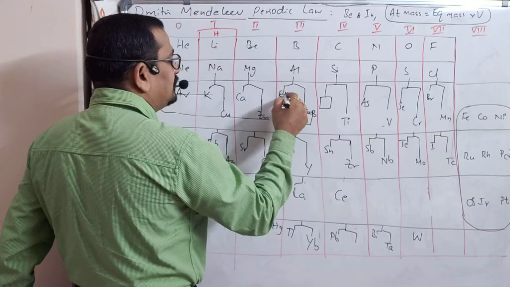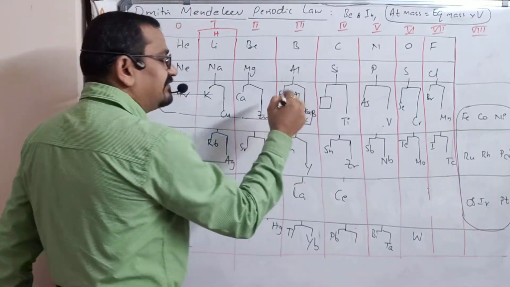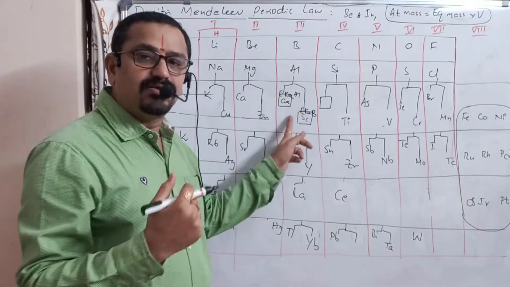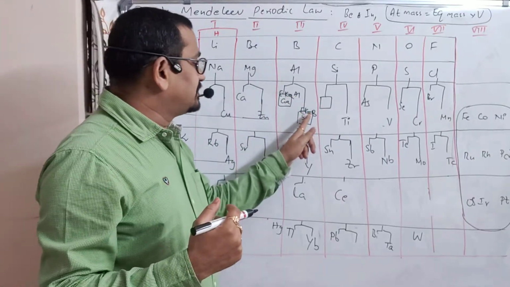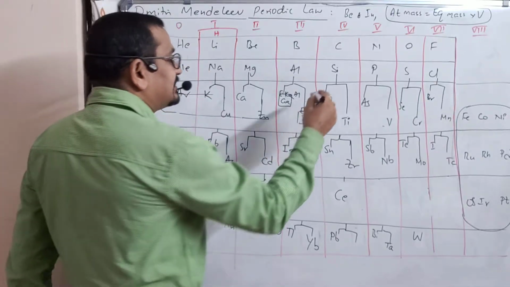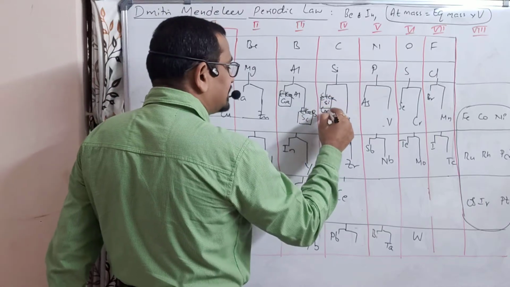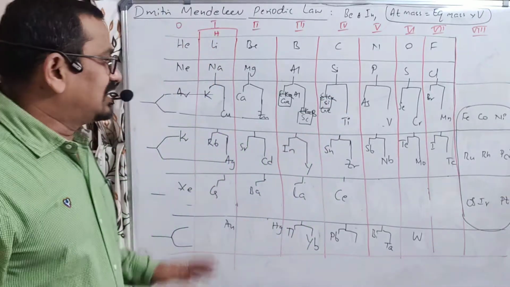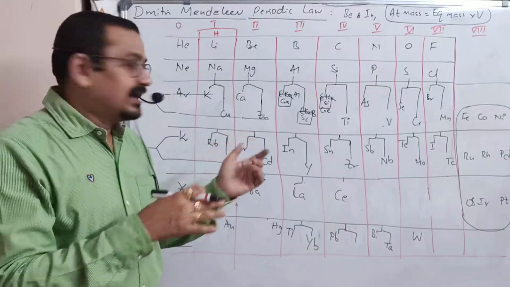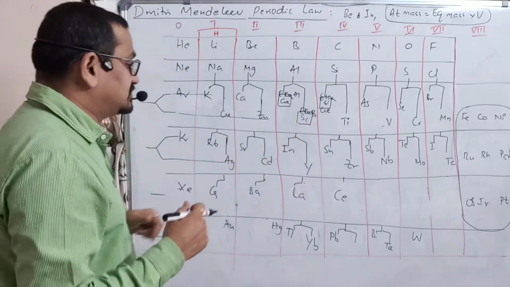Similarly, Eka aluminium, now called gallium. Another such element is Eka silicon, now named germanium. So he predicted the existence of unknown elements, left gaps for them, and named them.